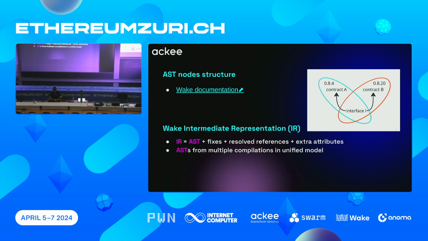The reason for that is that each AST node has that ID, which is a number, and those numbers in the first tree and the second tree of that interface won't be the same. So if you just worked with the AST itself, you would have a problem, because you would have two representations of the same interface and the same file. It's not really nice to work with something like that.